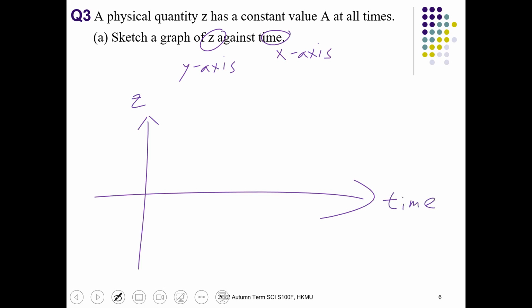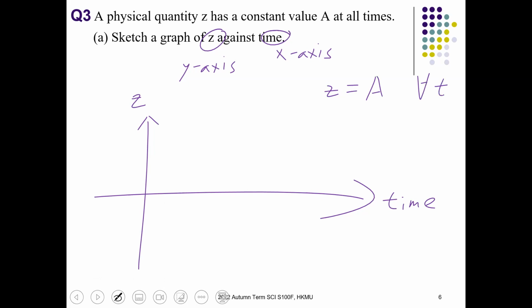And what we know is that C equals A for all time.